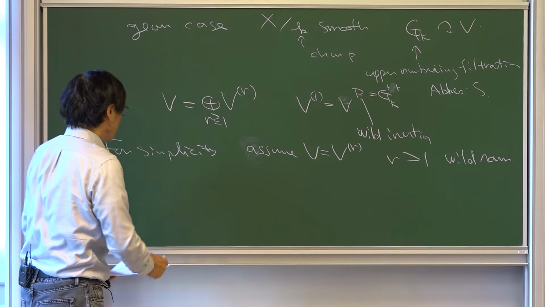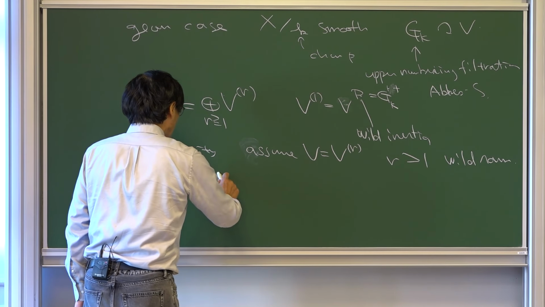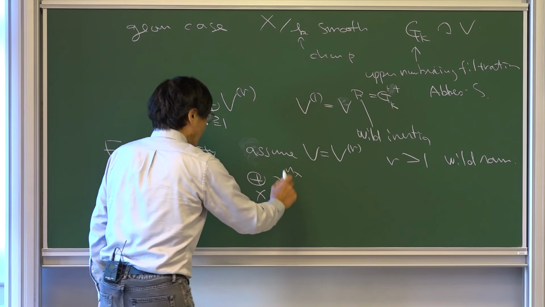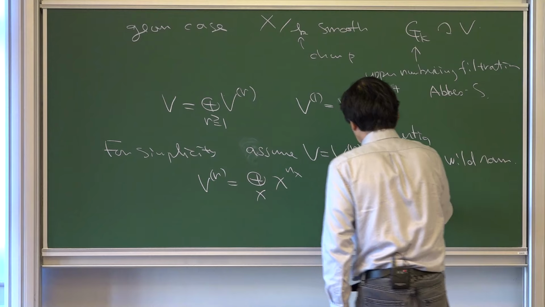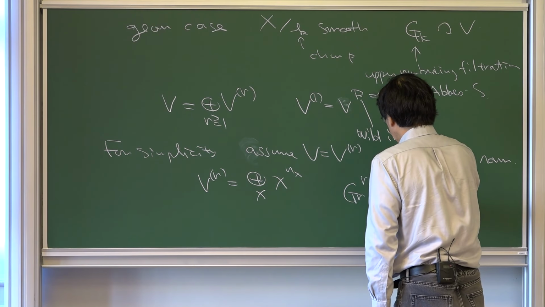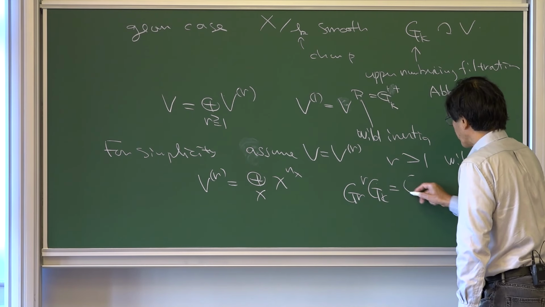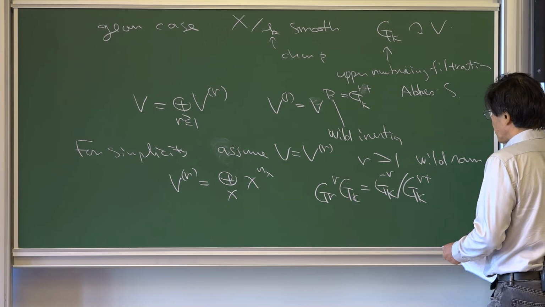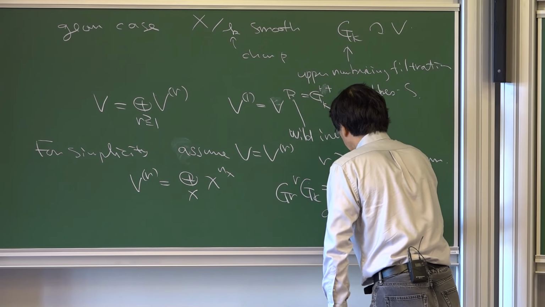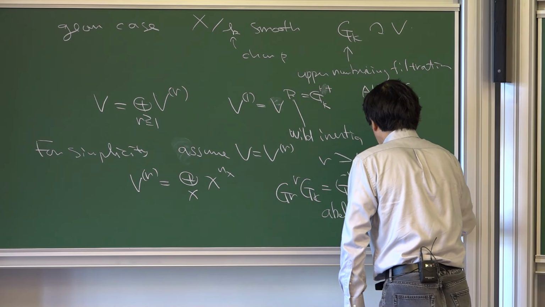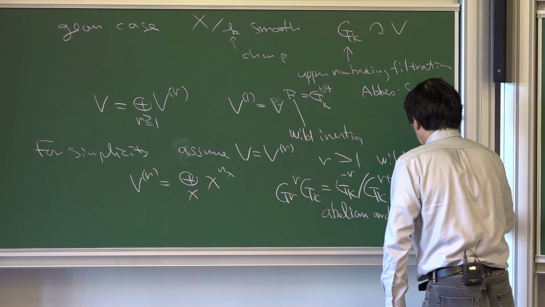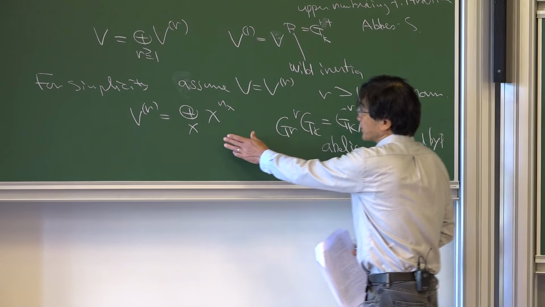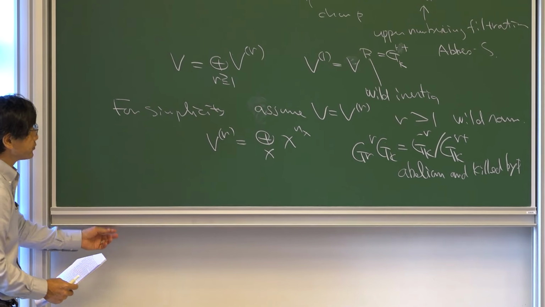Then we have a further decomposition by characters, because in this case we know that this graded quotient is abelian and killed by p. So we have such a decomposition by characters.